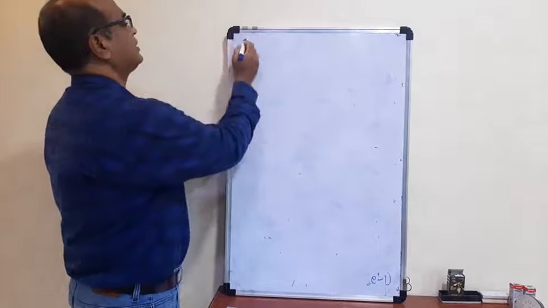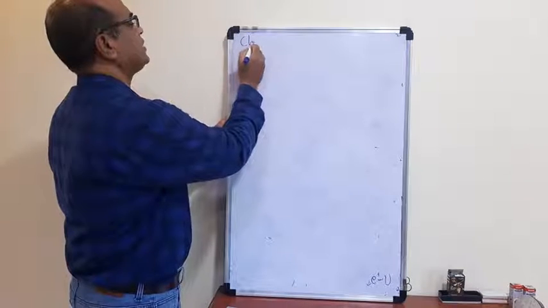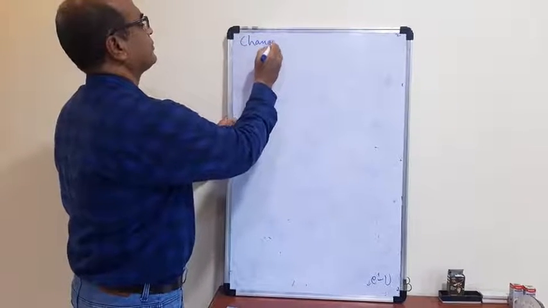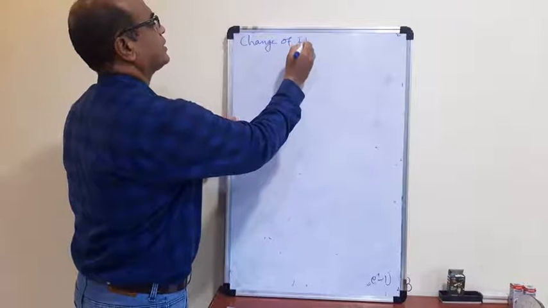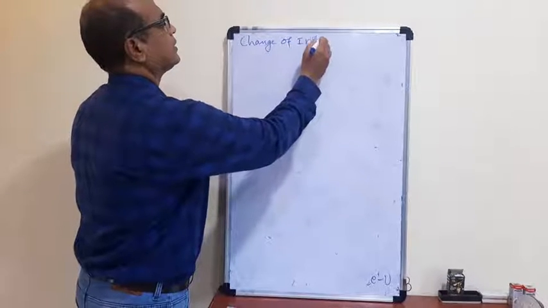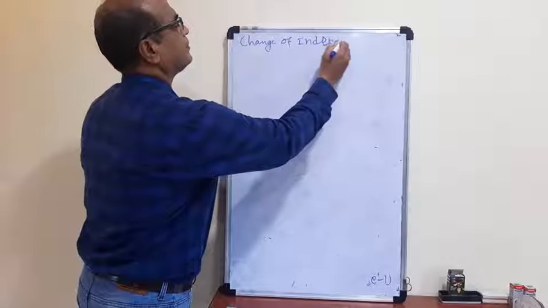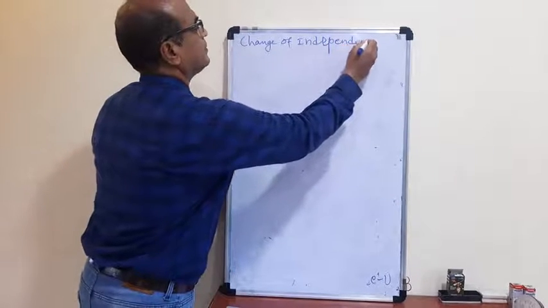So the third method is change of independent variable.